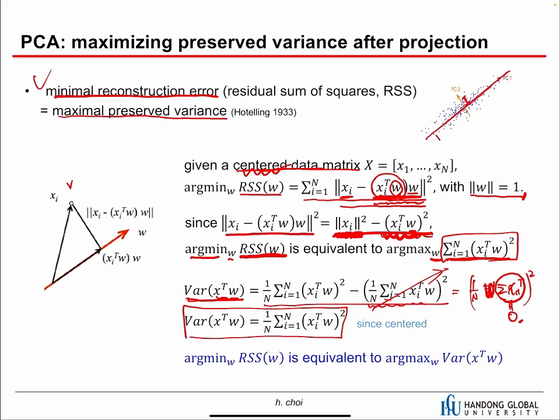So if we project the samples onto this vector, then look at these samples on this vector. The variance is high. But if we project the samples onto this vector, then we'll have lots of samples like this, and the variance is quite small. So this one is the vector with the maximal preserved variance. So these two things are basically the same thing. We just proved it with the equation.